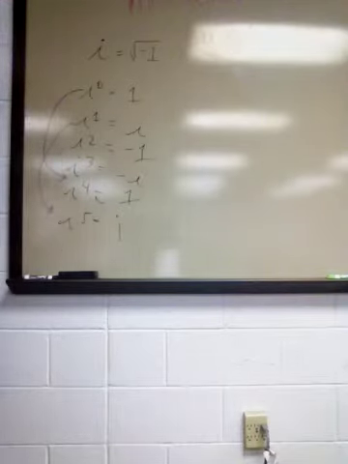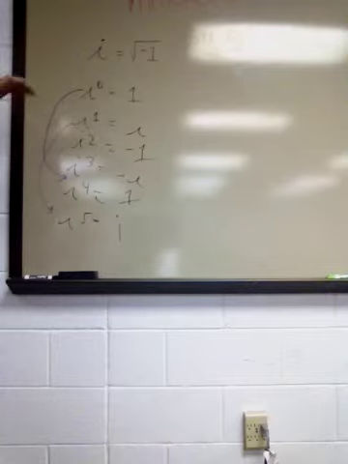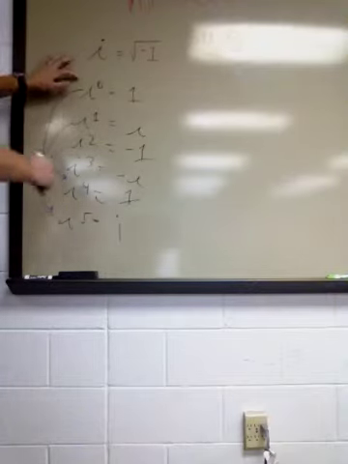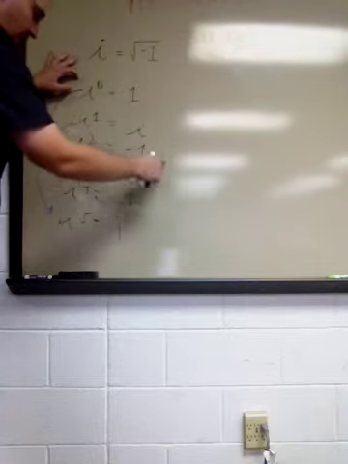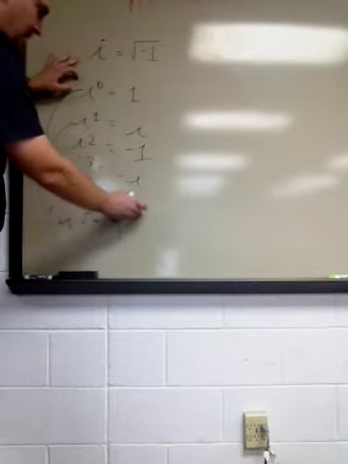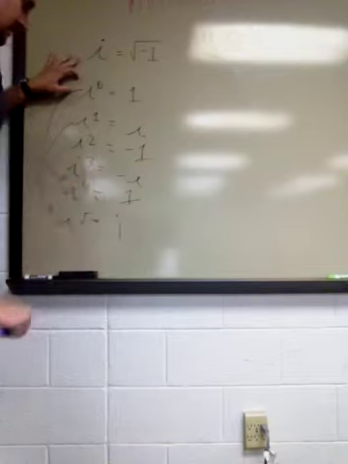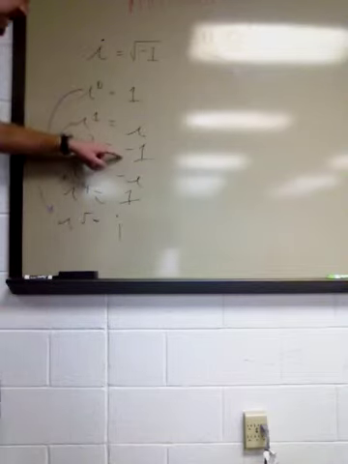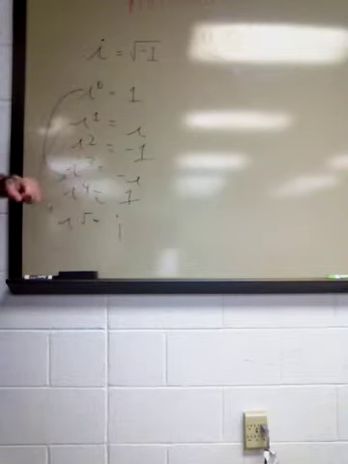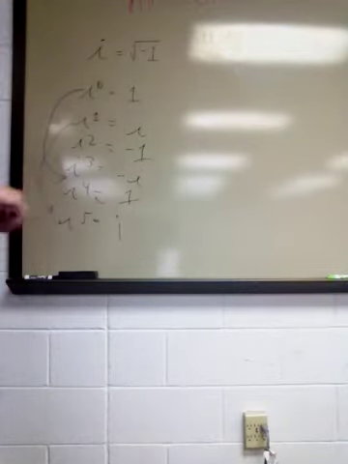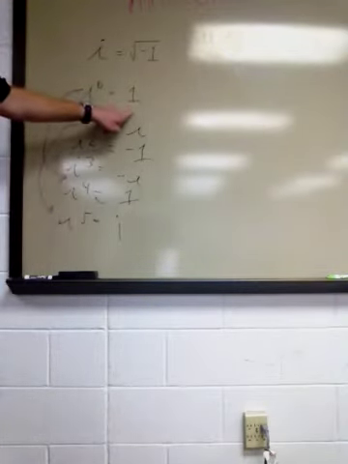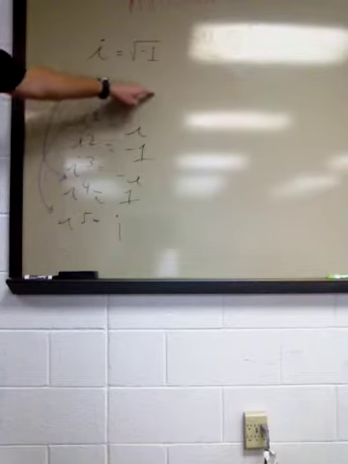And what we find is that from 0 to 4, I go from 1 to i to -1 to -i to 1, back to i, -1, -i, 1. And in groups of 4, I come back, or I suppose you could say that I have a recursive number occurring here.